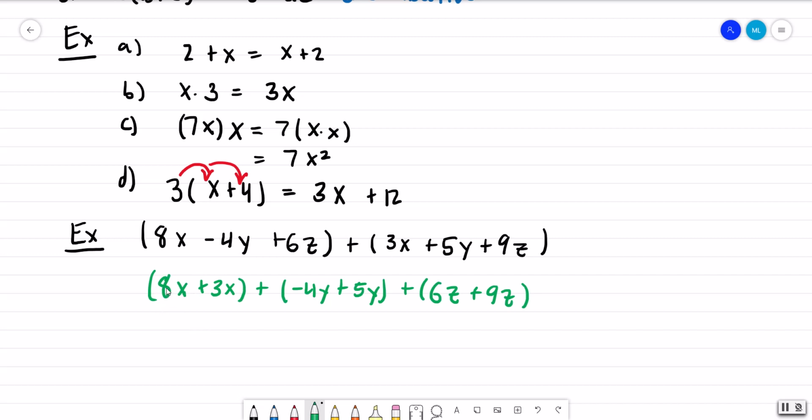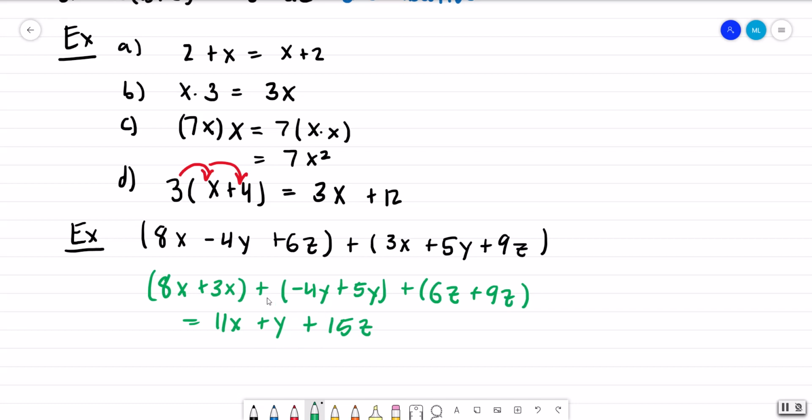Okay, so 8x plus 3x is going to be equal to 11x. And then from here, when you simplify the next term, that's going to be just plus y. But then you also have that 6z plus 9z, which is going to be 15z.